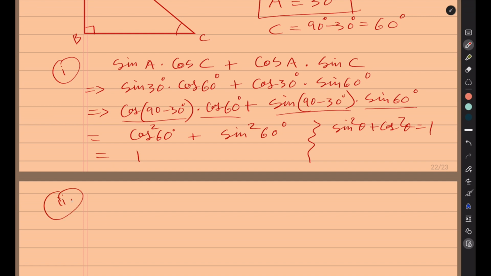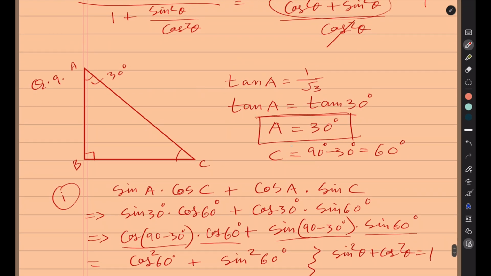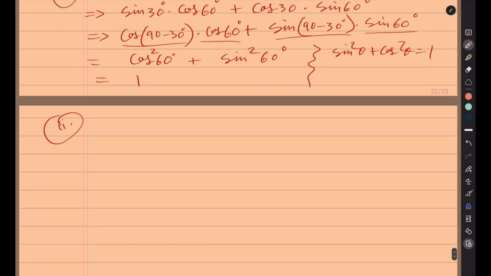Now let us take up the second expression. As we have already found the value of A and C, we can derive any of the equations or expressions. So cos A multiplied by cos C minus sin A multiplied by sin C. So this is what we need to find out.